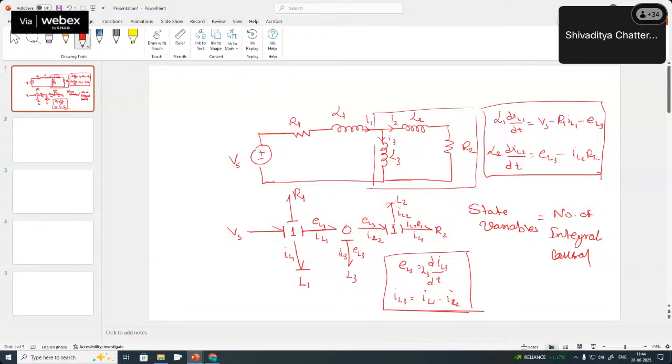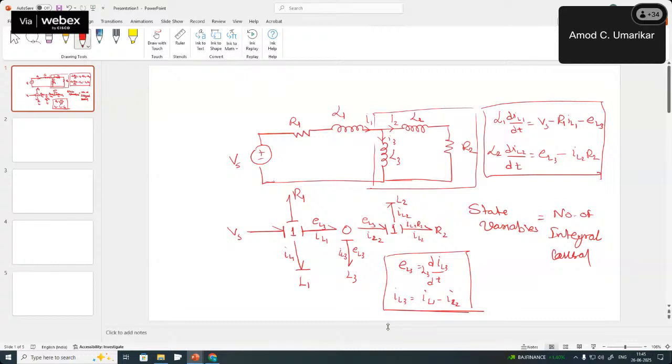So by just looking at the bond graph, you can write this. Are you getting the advantage of it? Yes, sir. The advantage is when we write the circuit and bond graph, immediately with causal assignment, you can get which are the state variables and which are the dependent variables.